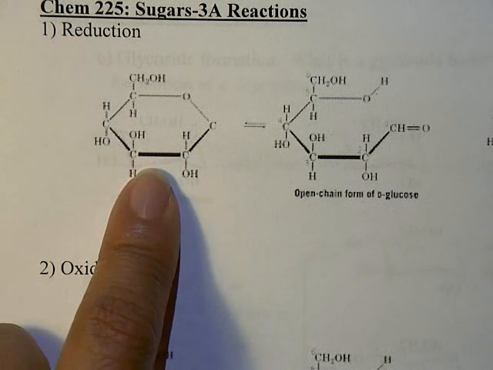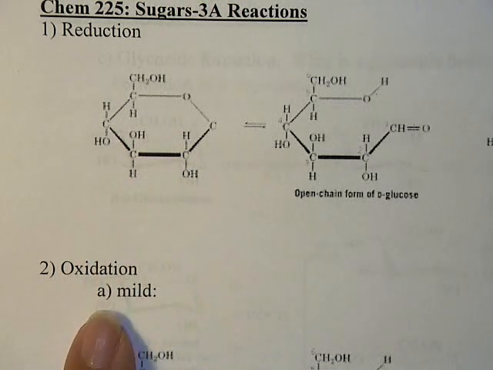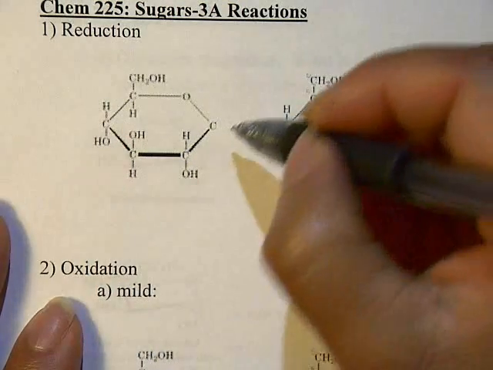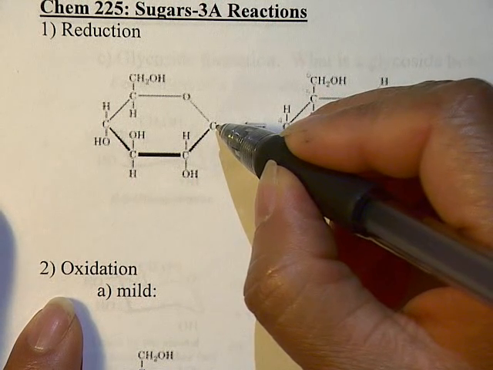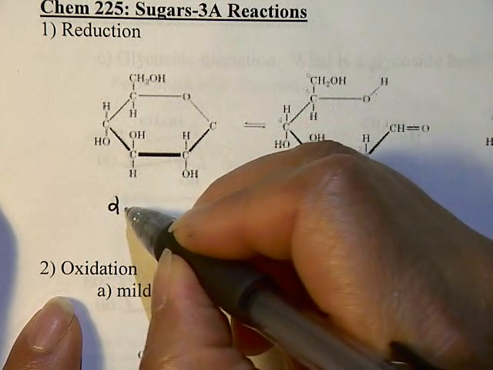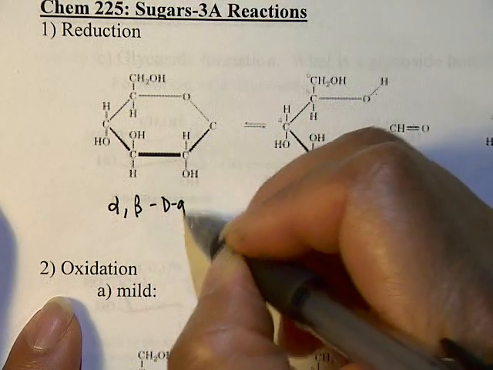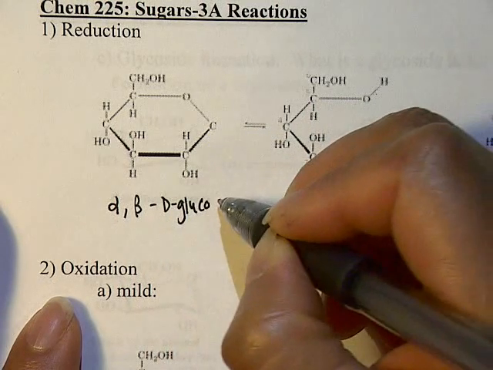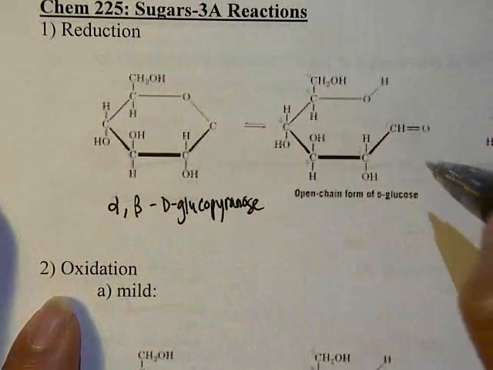All right, so this is an example of D-glucose, and the reason why I don't have anything on the anomeric carbon C1 is because I have a mixture of alpha and beta D-glucose, well, glucopyranose to be totally correct.